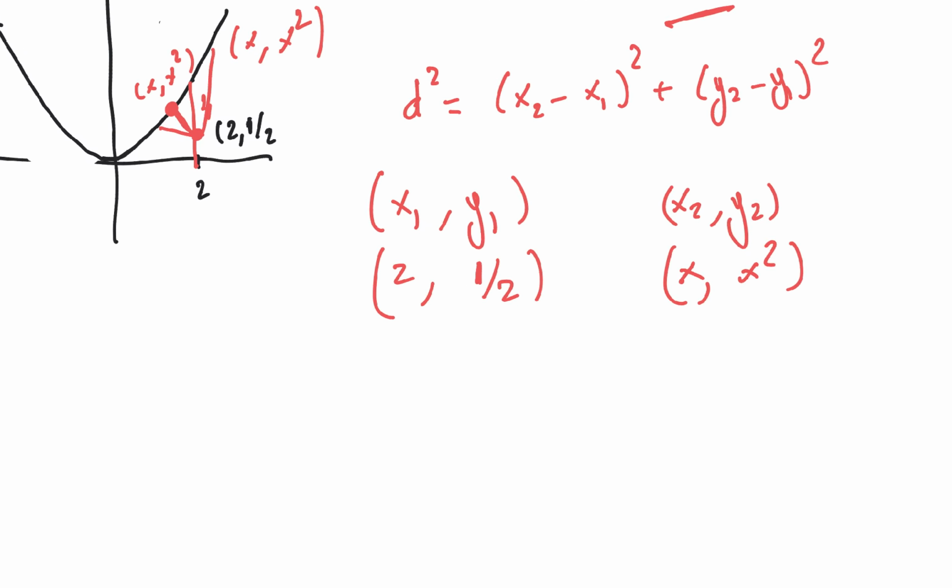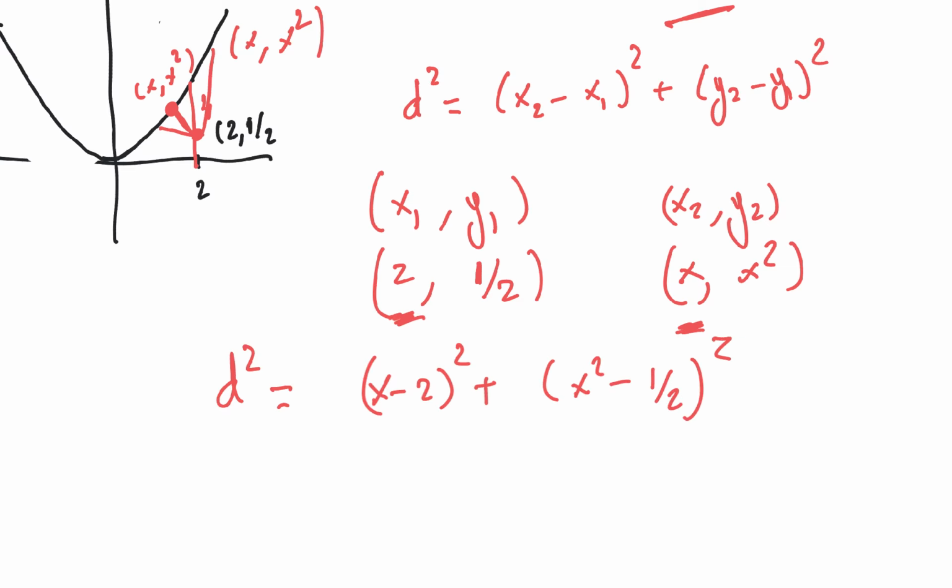So the distance d squared is 2 minus x, or x minus 2 if you prefer. It's the same because it's going to be squared, x minus 2 squared plus x squared minus 1/2 squared.